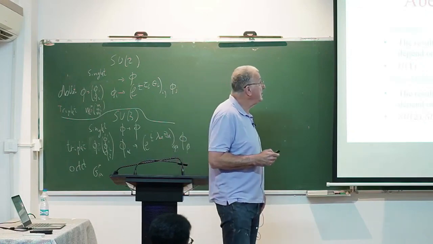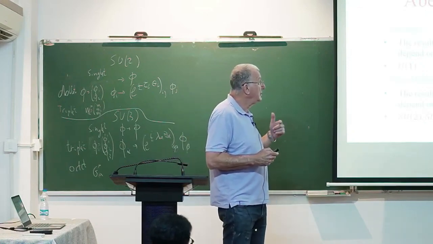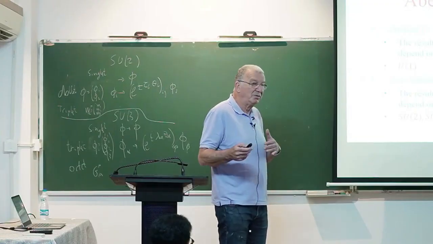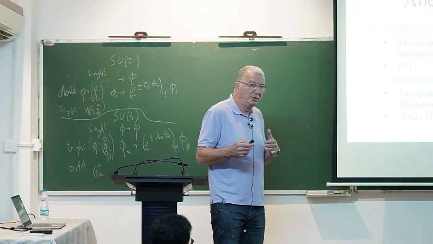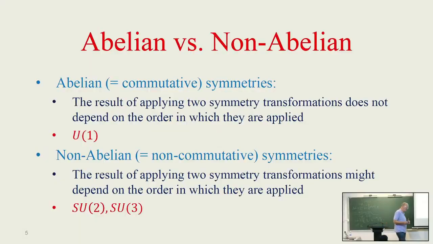So abelian symmetries are those where, applying 2 symmetry transformations, the overall transformation does not depend on the order in which you apply them. You can do transformation A first and B second, or B first and A second. The result will be the same.